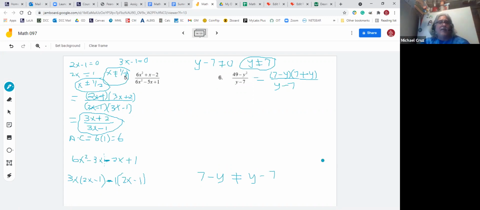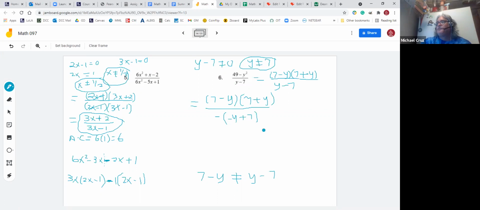Well, it's a matter of a factor of -1. I can do it with either top or bottom. I'm going to do it in the bottom, and take out -1 down there. So I'm going to take a factor out of -1. And that's going to make it -y plus 7.